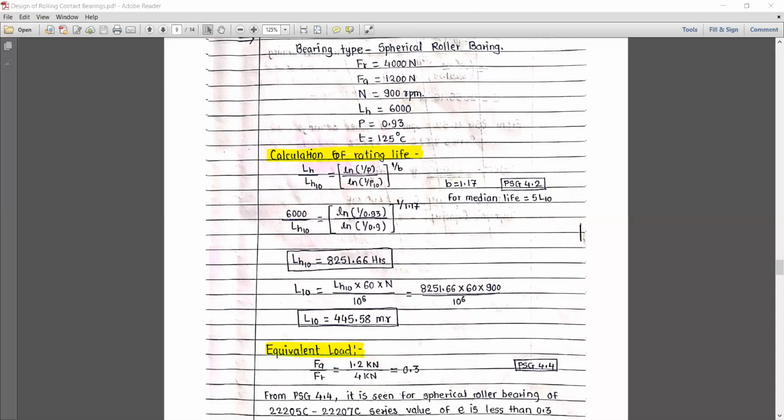Here the value of b is 1.17, referring to page number 4.2, because it is not a deep groove ball bearing, and considering the rating life is 5 times L10.